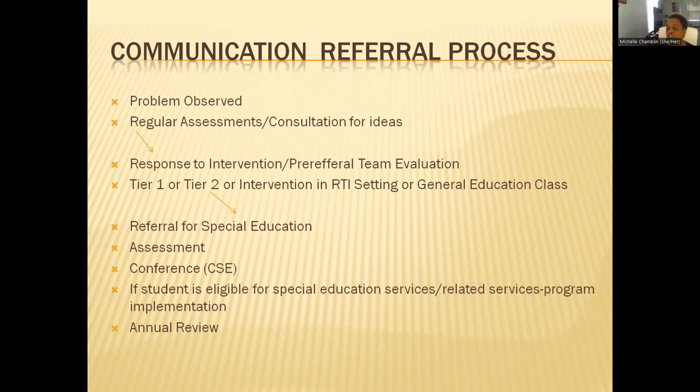You still are so important in communicating in that annual review or giving information. So the communication that you have as teachers is the input, extremely important, and it's all throughout the process when the student is in your class, whether they're in your class and you're referring them, or they become a part of your class.